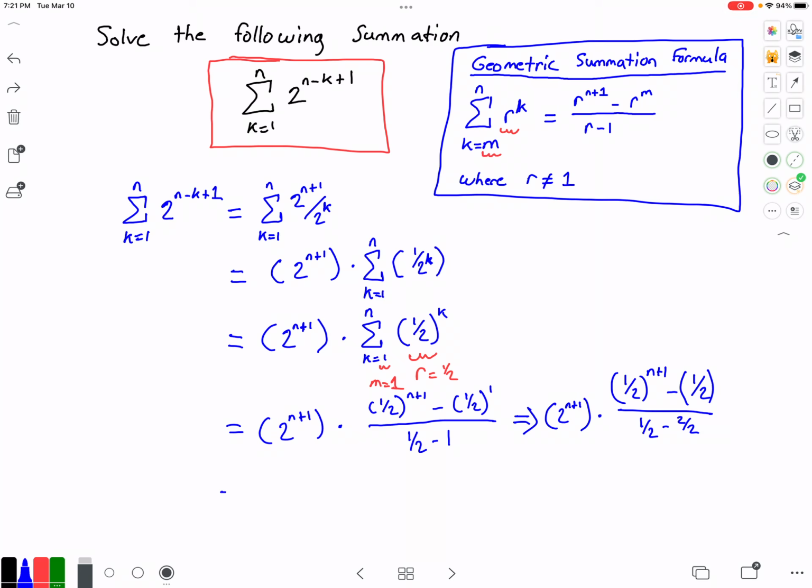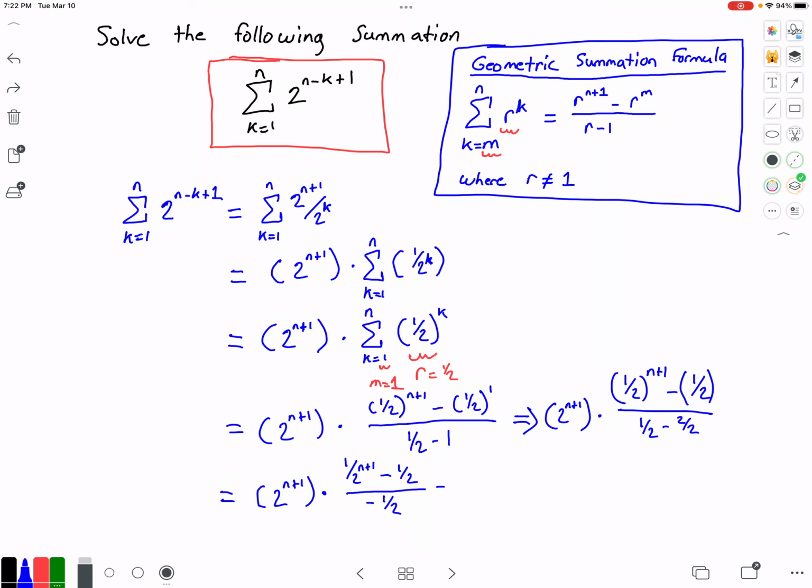Now this is equal to 2 to the power of n plus 1 times 1 divided by 2 to the power of n plus 1, minus 1/2, all of that divided by negative 1/2.